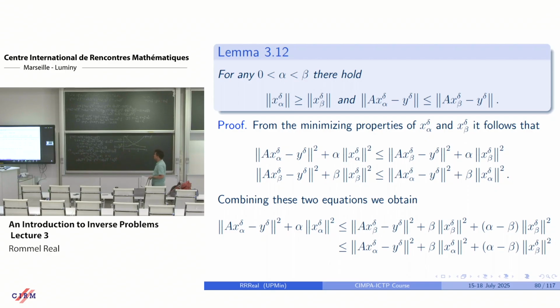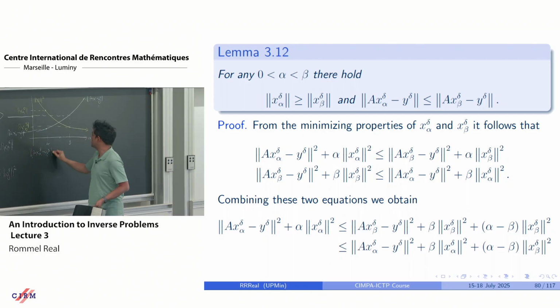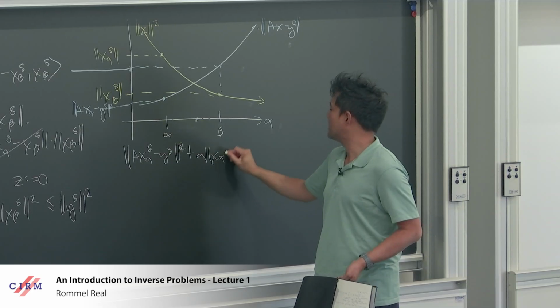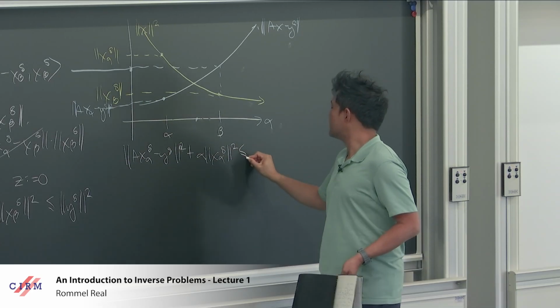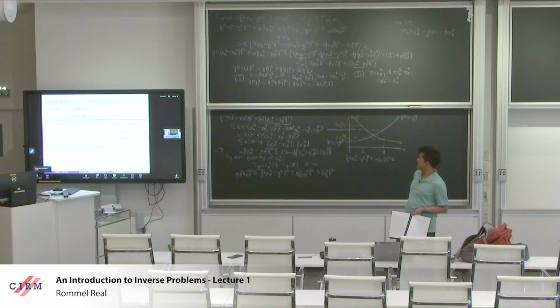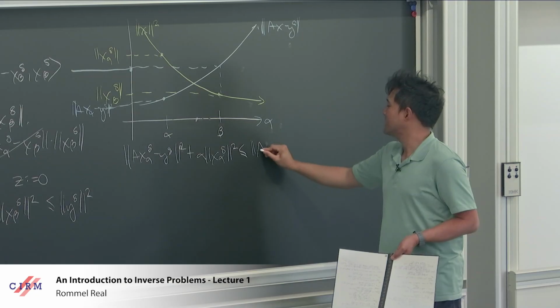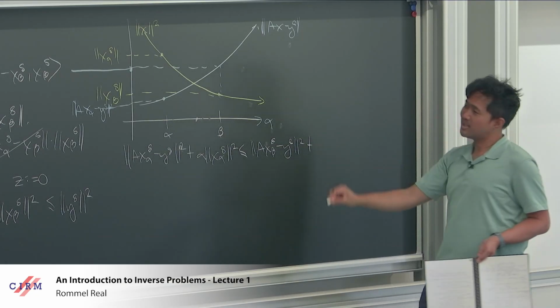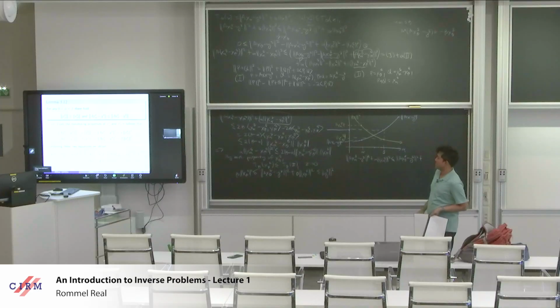By combining these two, it will look like this. We have the norm of A x alpha delta minus y delta squared plus alpha times the norm of x alpha delta squared less than or equal to that same term in the first inequality plus beta.